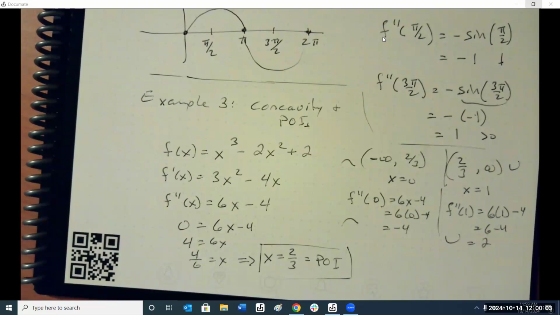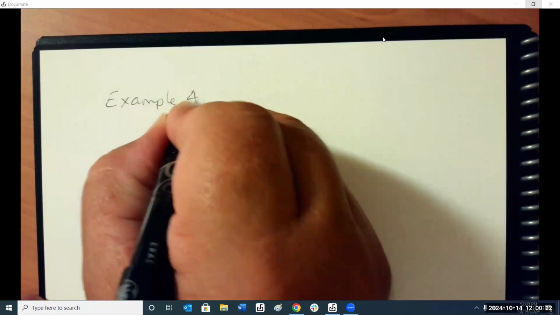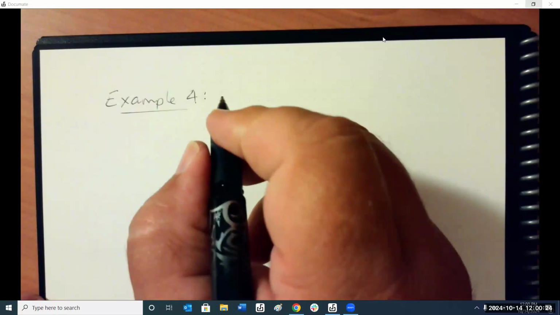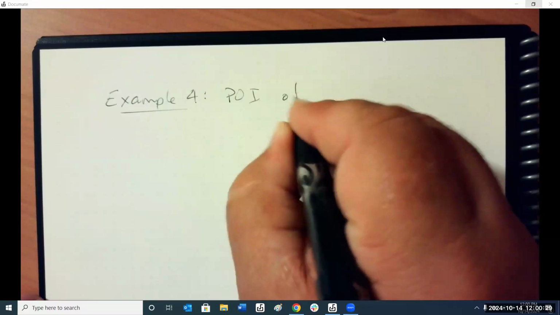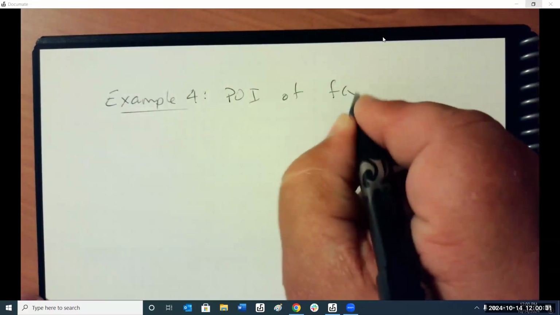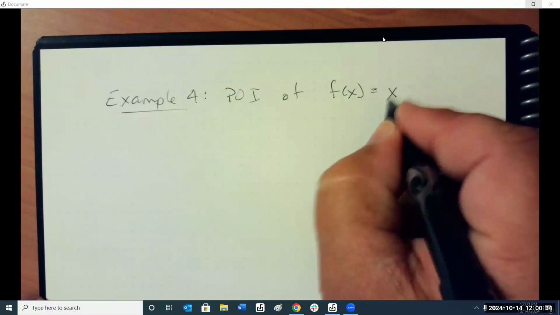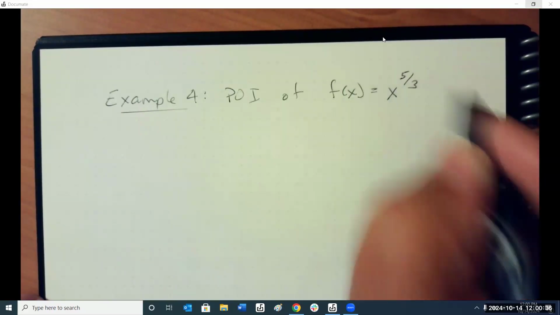All right. Let's look at example 4. Find the point of inflection of f of x equals x to the 5/3.